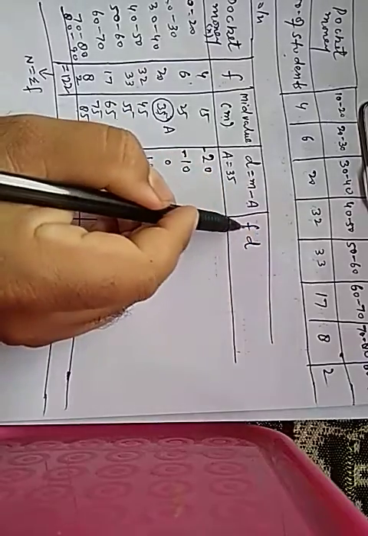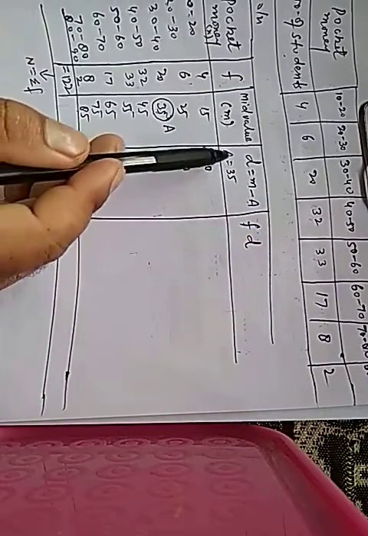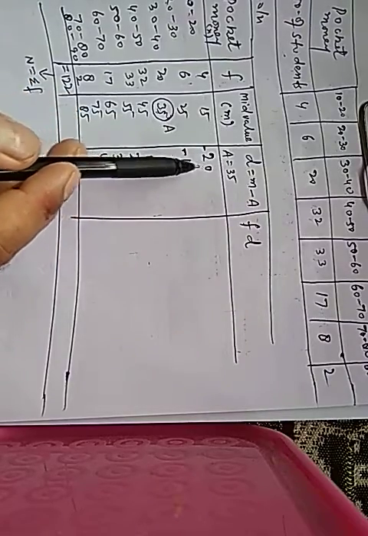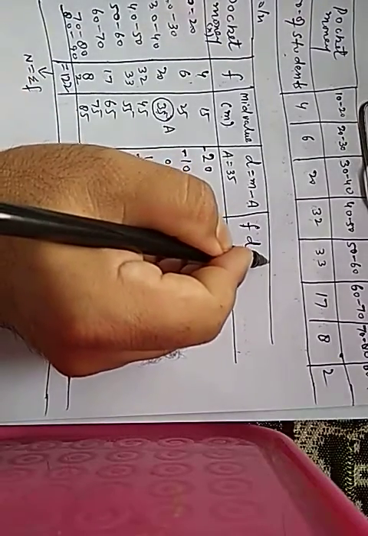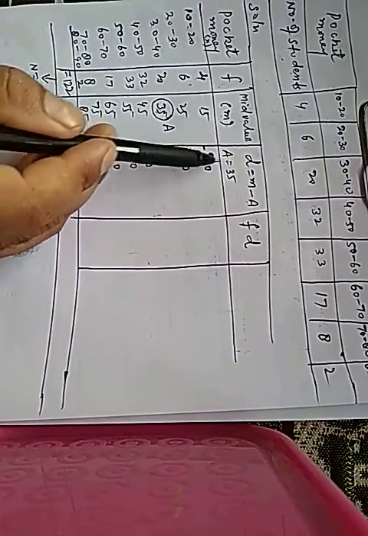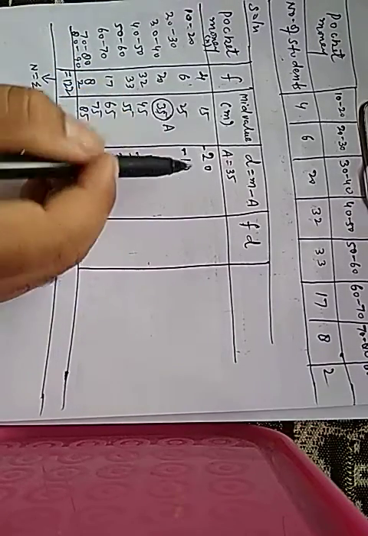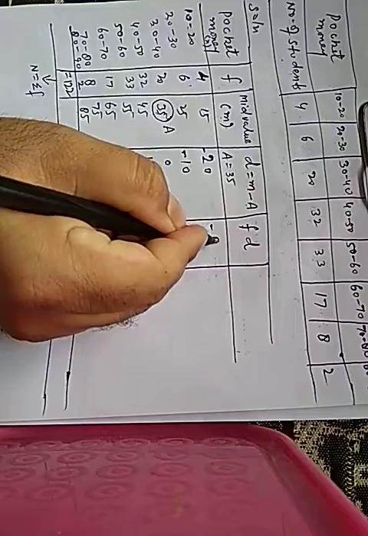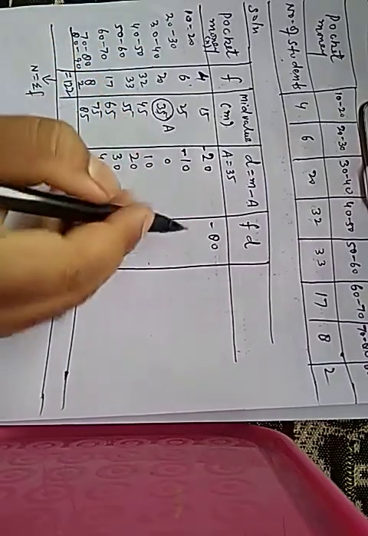Next column will be FD, that is the value of frequency multiplied by the value of deviation. F is 4, deviation is minus 20, it will be minus 80. 6 into minus 10, it will be minus 60.